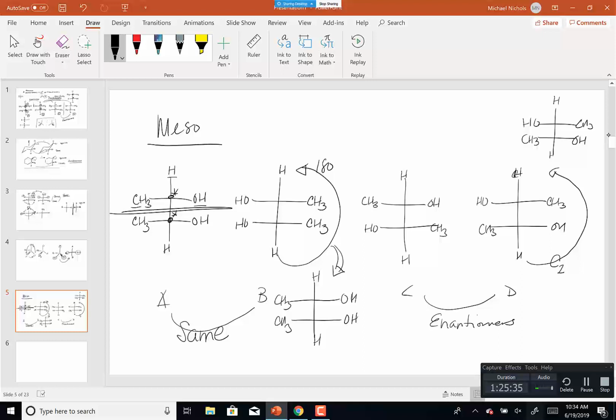I'll show you an example of that where it may cut through carbons, but those carbons aren't chiral. So that's the operational definition of a meso compound. It's got to have an internal mirror plane of symmetry, and it has chiral centers. There still have to be chiral centers when we apply that mirror plane of symmetry.